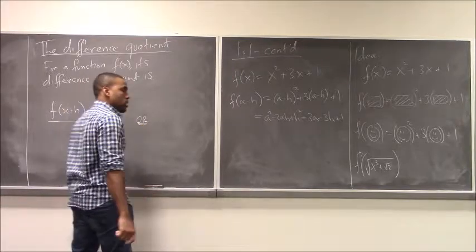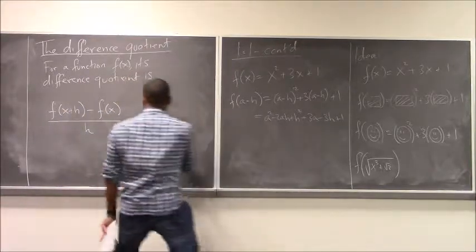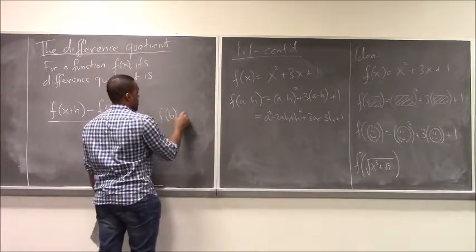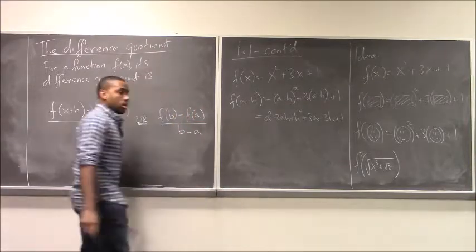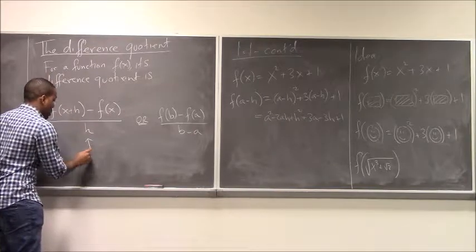Another form that you might see the difference quotient in is f of b minus f of a over b minus a. But we will use this one more commonly.